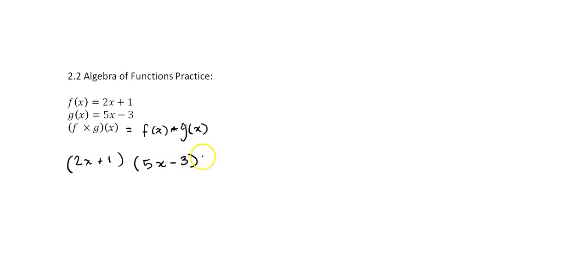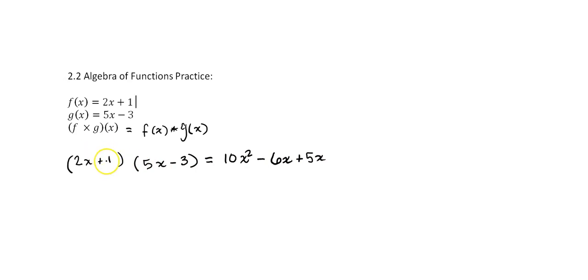We're going to just do our distributive property on this. I'm going to just walk through the process. I can also show you how to do it with a square, but we'll go with it for right now. So I've got a 2x times a 5x, that's going to give me a 10x squared, and a 2x times a negative 3, that's going to get me a minus 6x. Here I have a 1 times a 5x, so I'm going to have a positive 5x here.